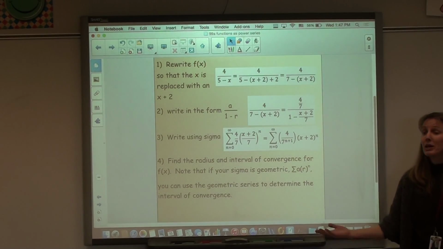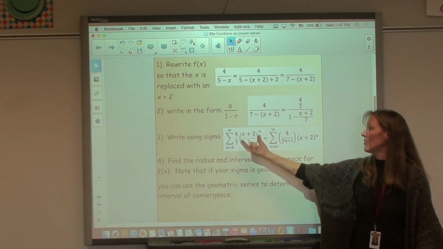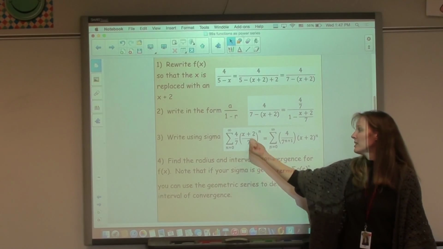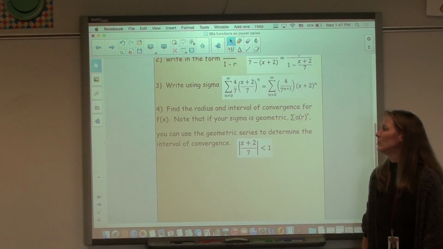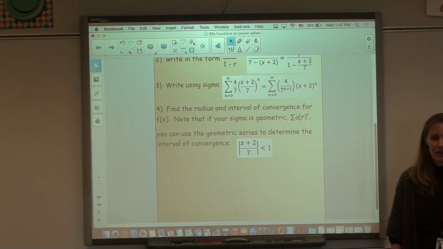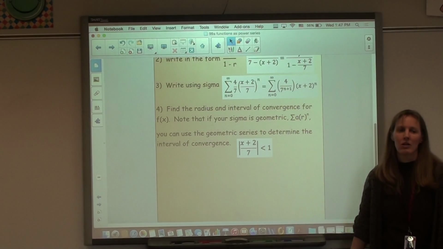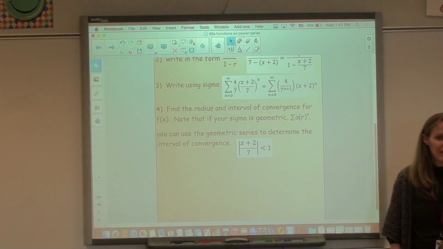The geometric series will converge if the absolute value of r is less than 1. So when you are finding your interval of convergence, all you have to do is set the absolute value of r less than 1. You can skip all the rest of it because this is going to be the conclusion every time anyway, because they are geometric.